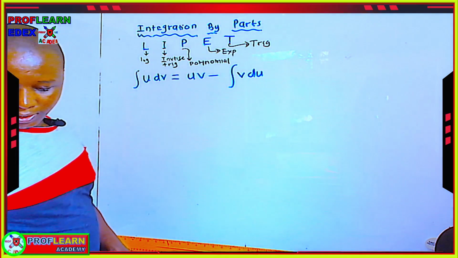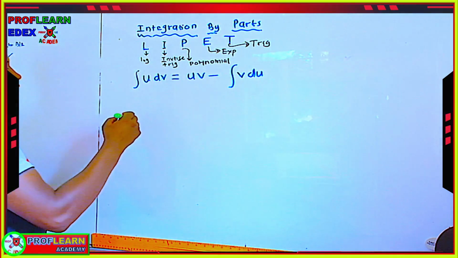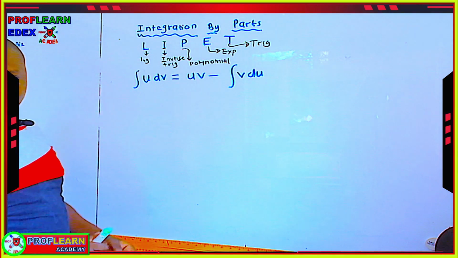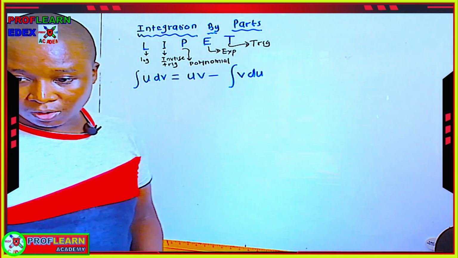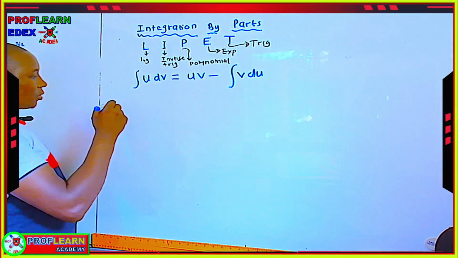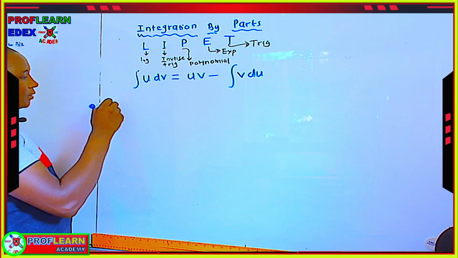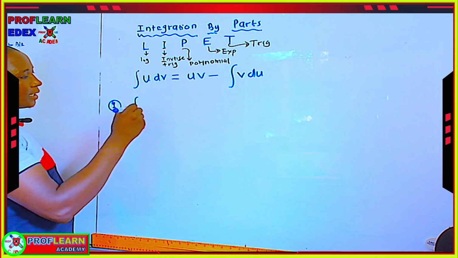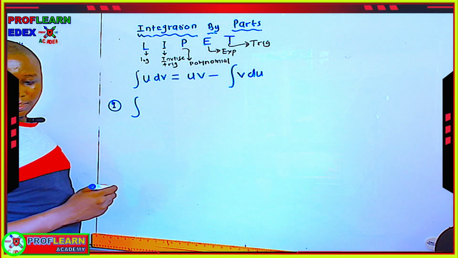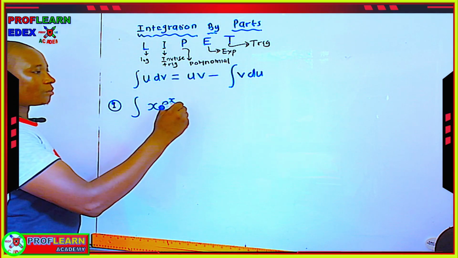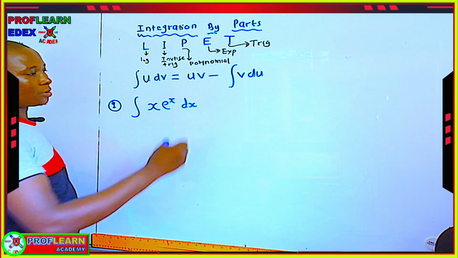So we are going to focus on two examples, some of the kind of questions that you're going to look at. Question one says integrate x e to the x with respect to x.